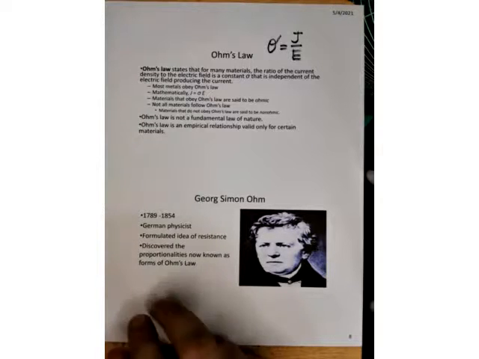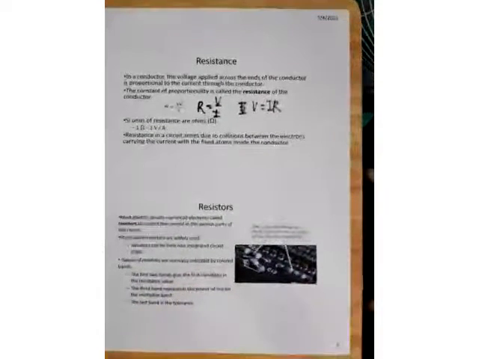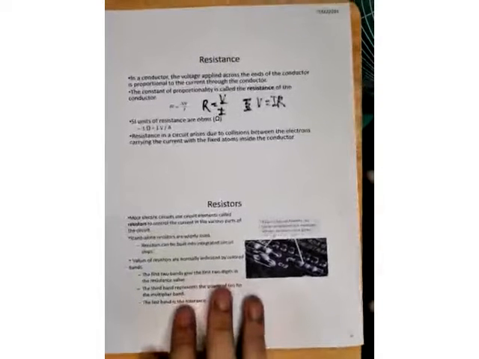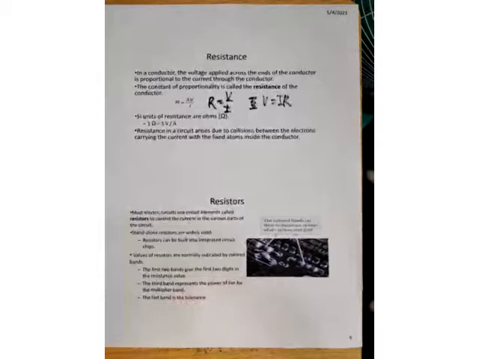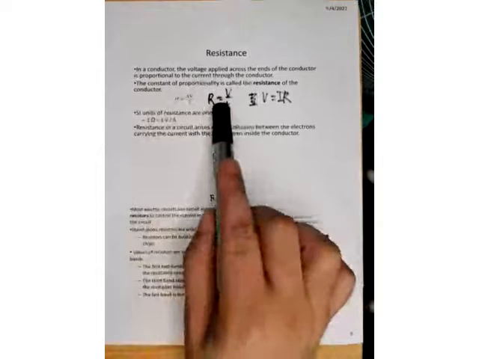Okay? Ngayon, ano naman ang resistance? Kung ang conductivity ay meron siyang conductance, which allows the charges to flow freely, yung resistance naman ay baliktad. Nire-resist niya yung current or yung flow of charges. So in a conductor, the voltage applied across the ends of the conductor is proportional to the current through the conductor. So sinasabi niya that the resistance is equal to the ratio of the voltage and the current.